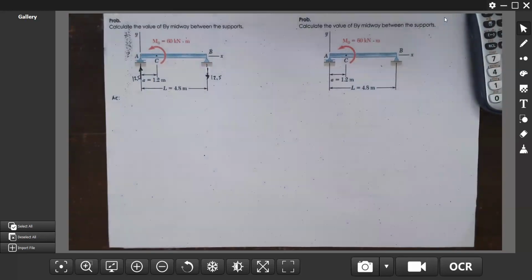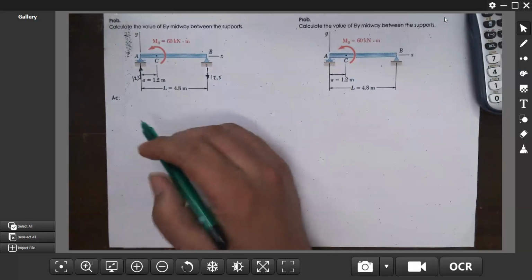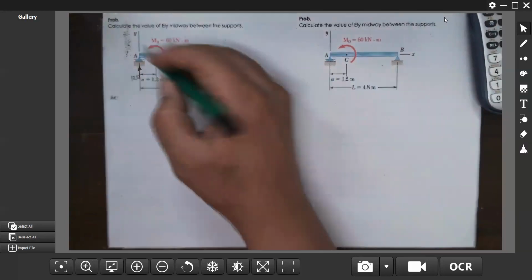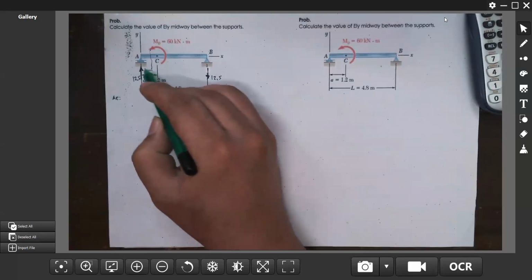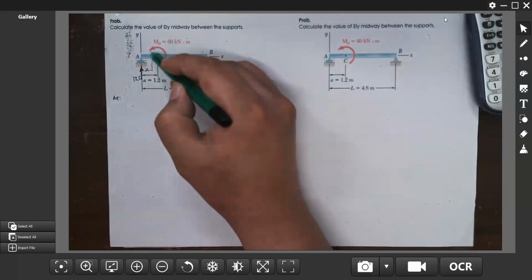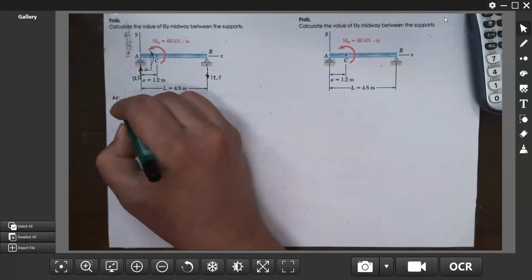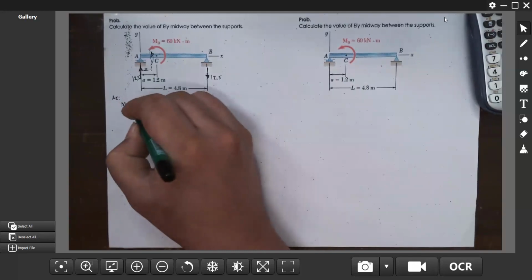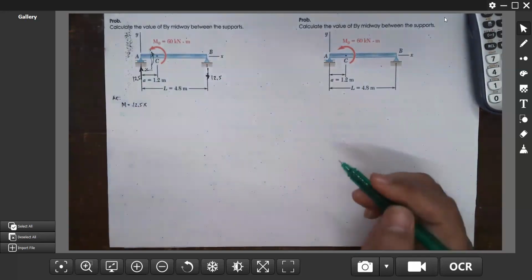For segment AC, cut ka dire, and then mo nimo x, and then mo nimo moment. So, ang moment nimo is simply 12.5x.